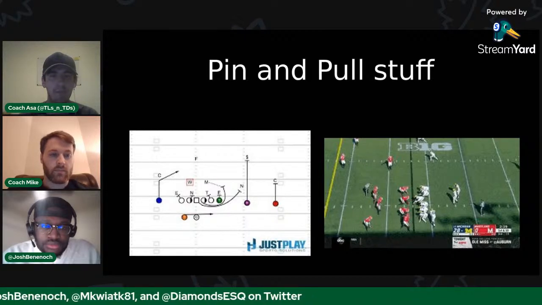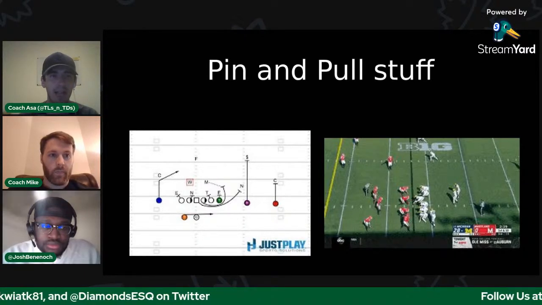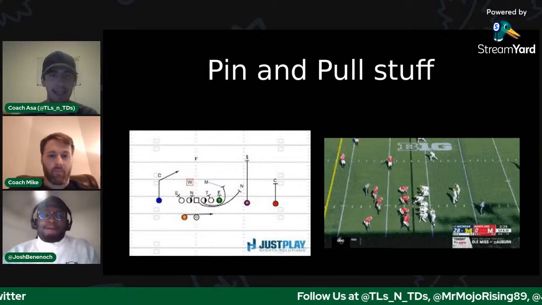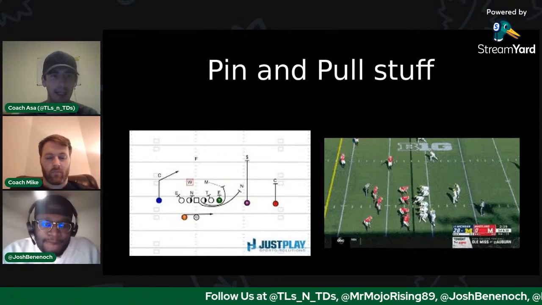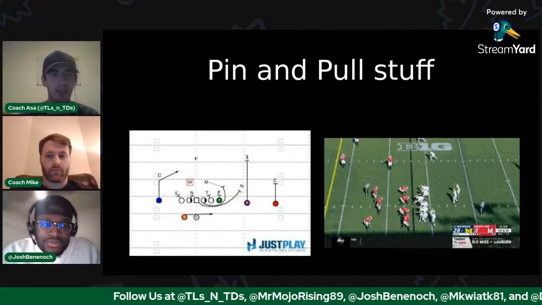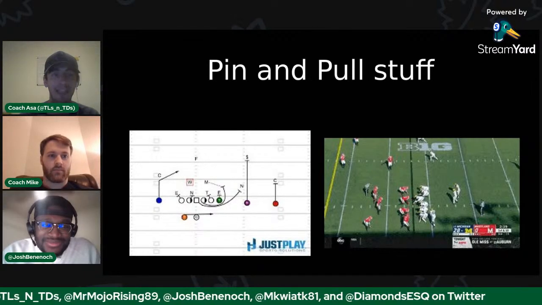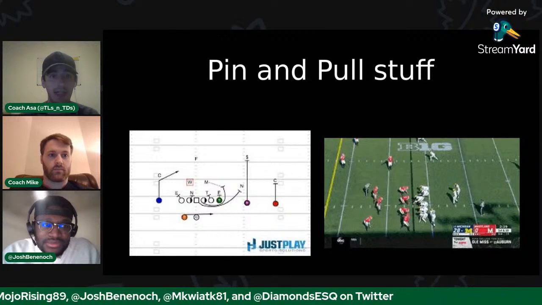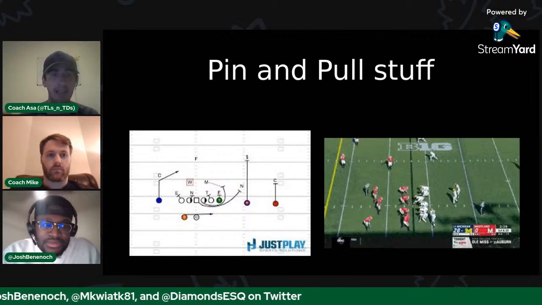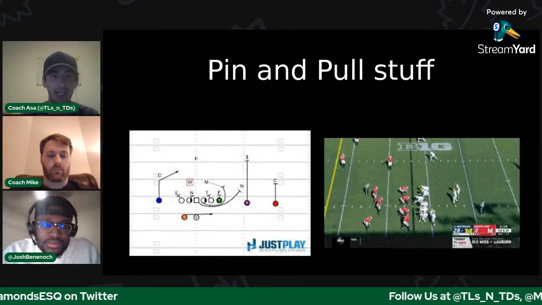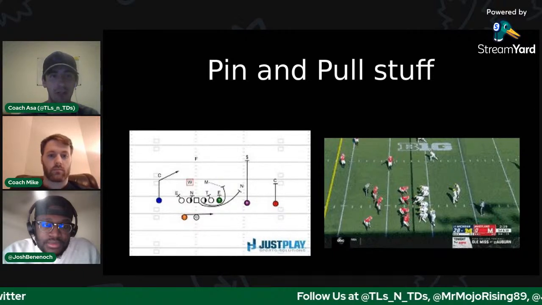And I want to bring something up, and then we're going to go to Josh to figure out how you, as a nickel or a safety or a corner, deal with 350 pounds or 320 pounds rumbling at you. But the danger of this, and the reason why not everybody runs this, is, as you can see in this diagram, the nose, that N right there, is shaded inside of the backside guard.